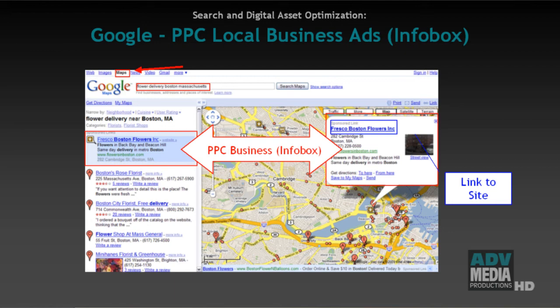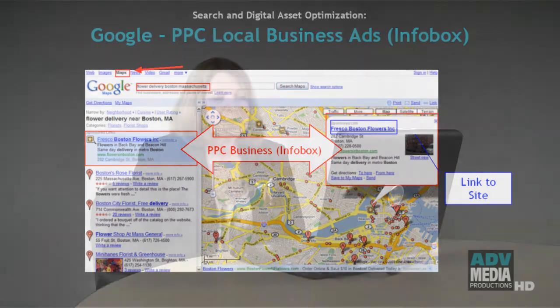You're still not paying for that click. Once you go to the info box and you click through to the website, then you're paying for that click-through. And you can pay either from the box and avoid the info box totally, or go right to the info box and click through there. It is a link to the website, and of course that's when you pay for that click.